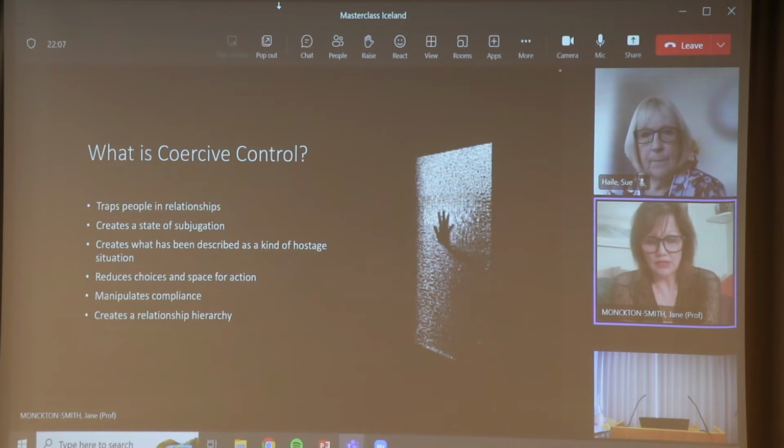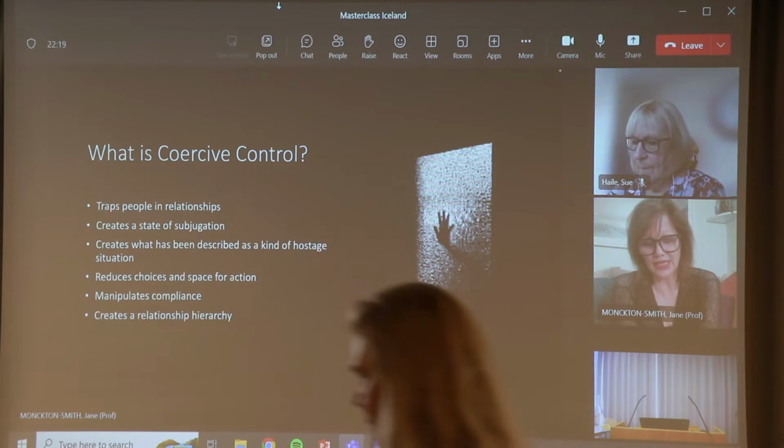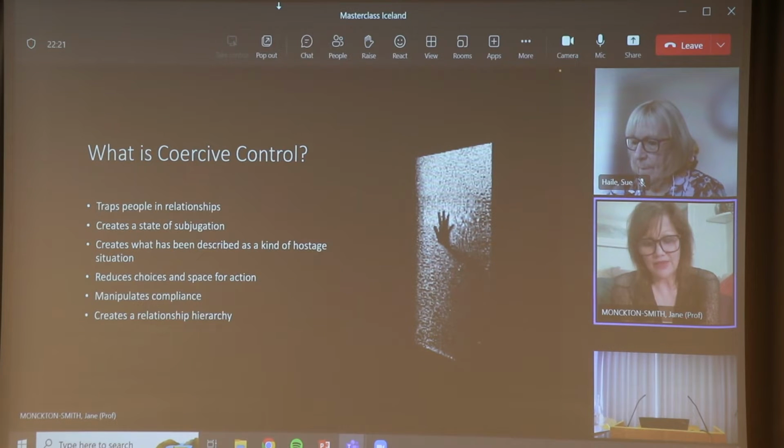Now, in our country and in Ireland and in Scotland and in some other places now, coercive control is being criminalised. And that's at least in part because it is implicated in a very, very high percentage of homicides and domestic abuse related suicides. It is in fact a better marker than violence on its own for predicting risk.